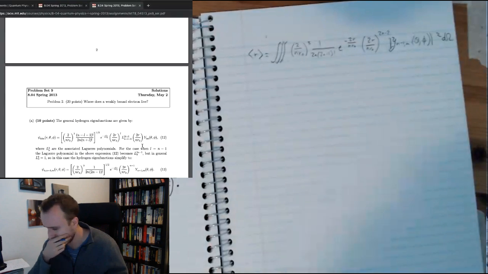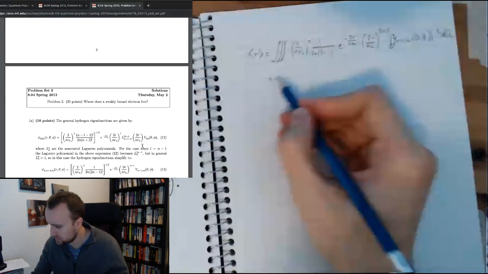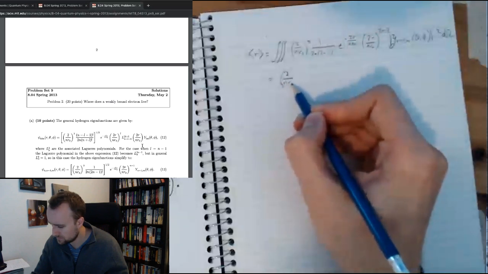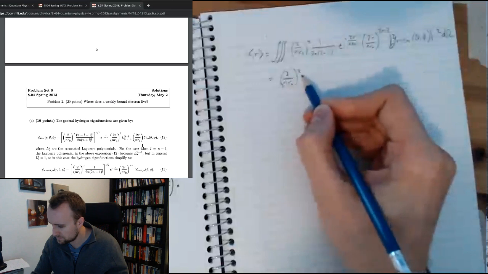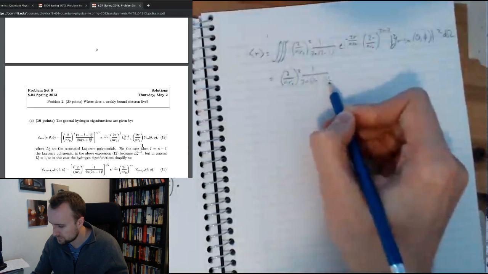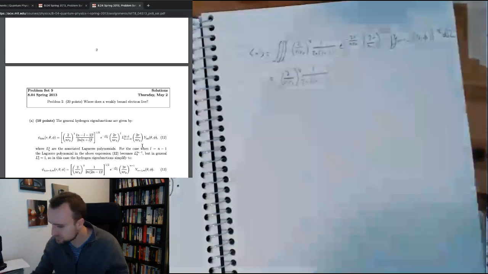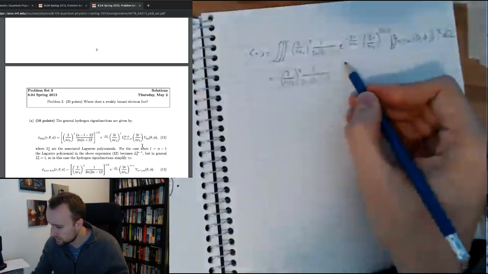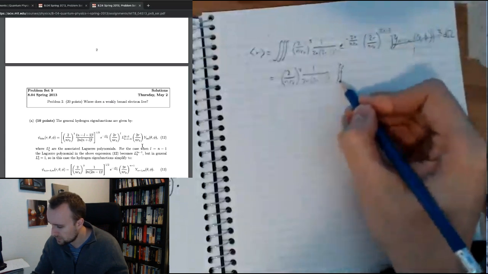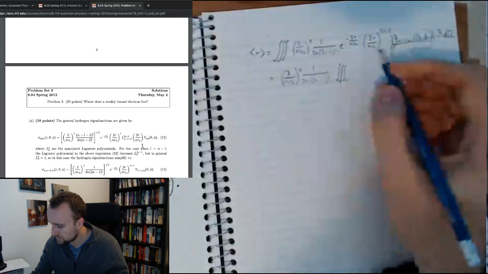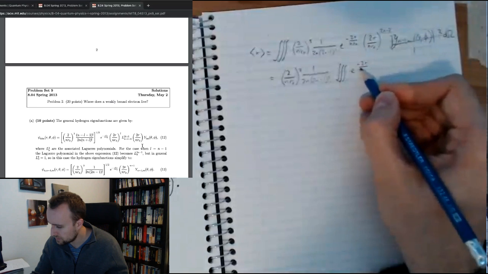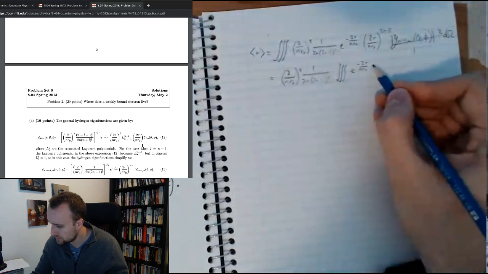Well, these are all constants, so this can all come out. And then this is equal to 1, I think. So then all we're doing is really integrating over e to the negative 2r naught.